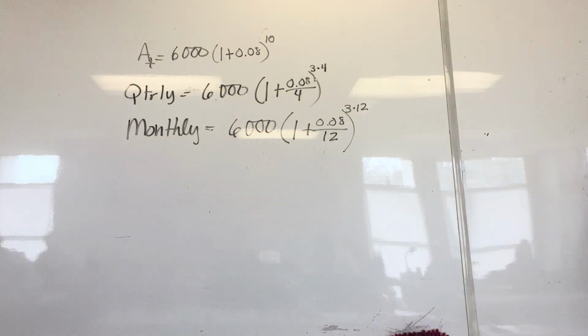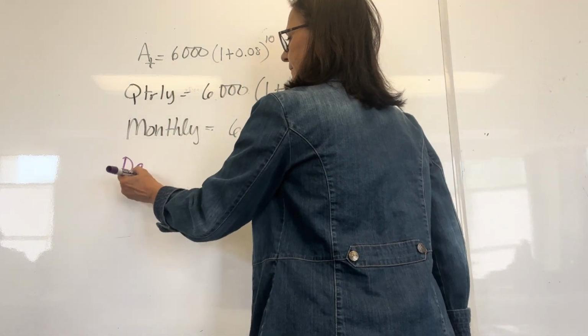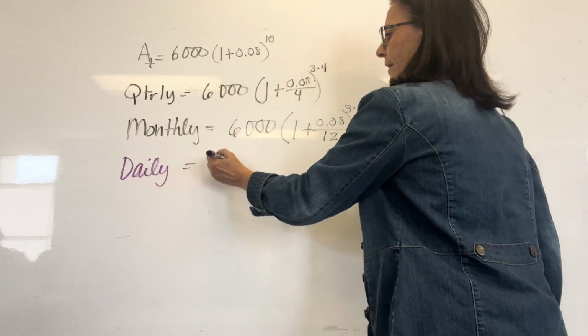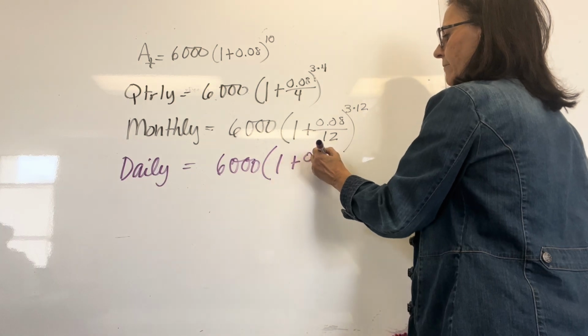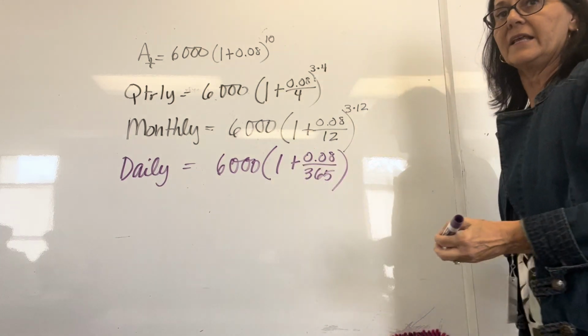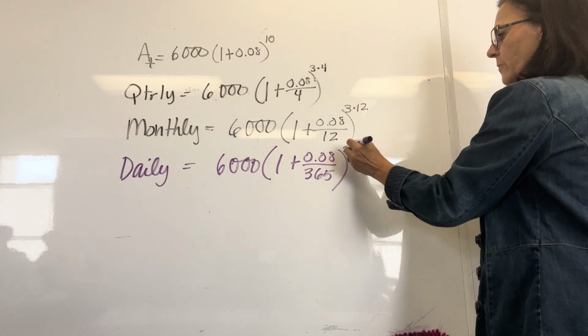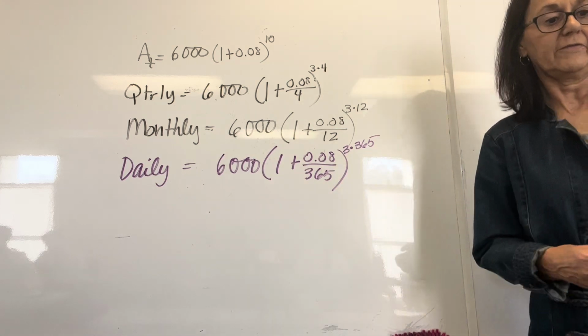You following that? All right. Now, what if we decided to do it daily? Then it would be 6,000 times 1 plus 0.08 divided by 365 days in the year. And if it were 3 years, it would be 3 times 365.